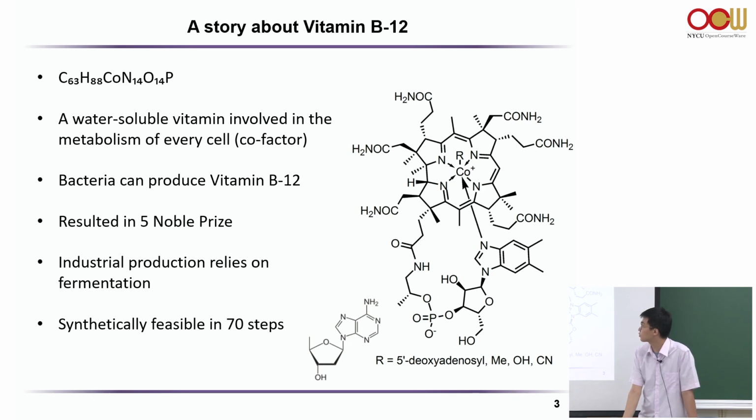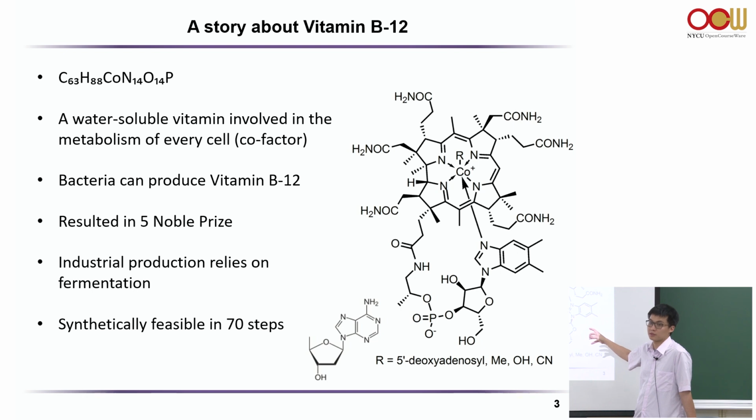The industrial production of vitamin B12 is really reliant on fermentation. I think some of you will go into biotechnology in the future. That's where you can engineer the metabolic pathways of various microorganisms and force these microorganisms to produce the compound that you want.